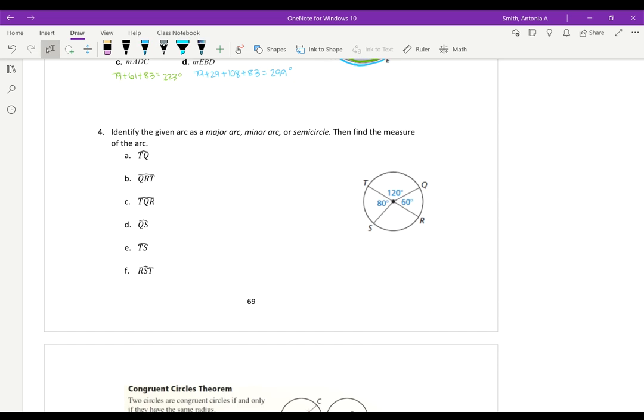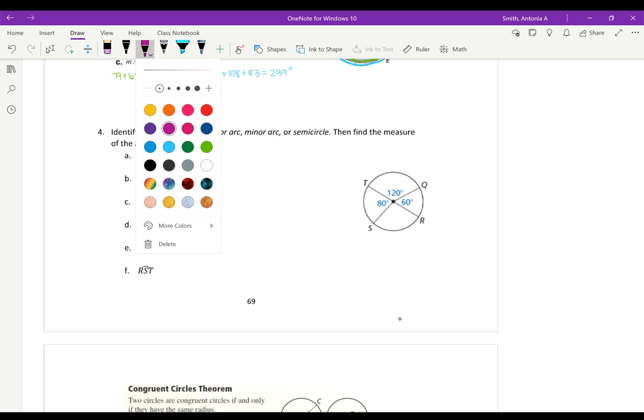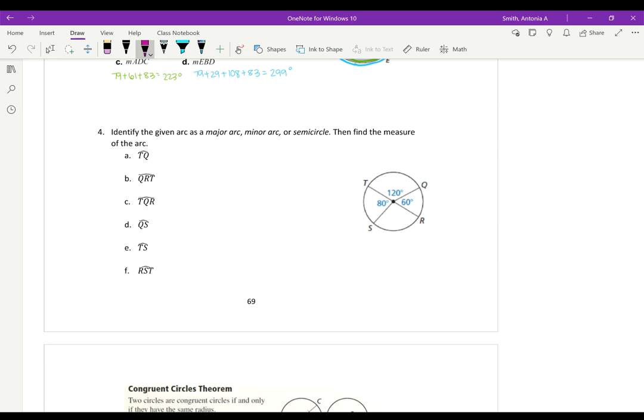Moving along, number 4, identify the given arc as either a major, minor, or semicircle, and then find its measure. So the first one, letter A, find or label arc TQ. So from T to Q, there's a lot on here, so I'm not going to do the colors.